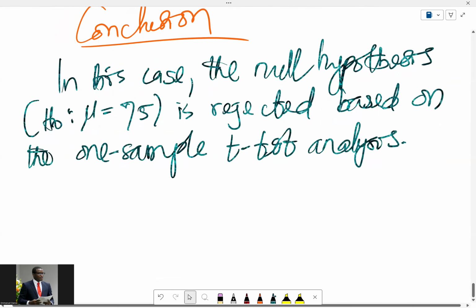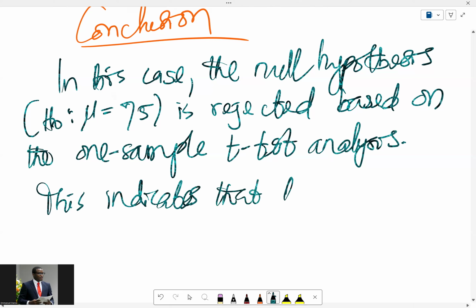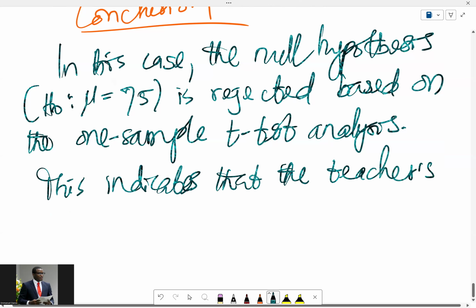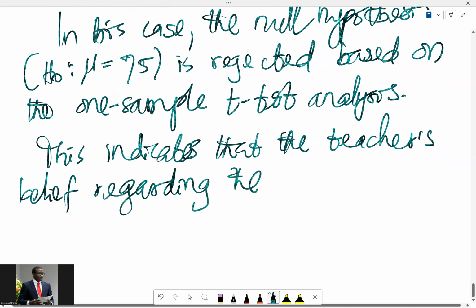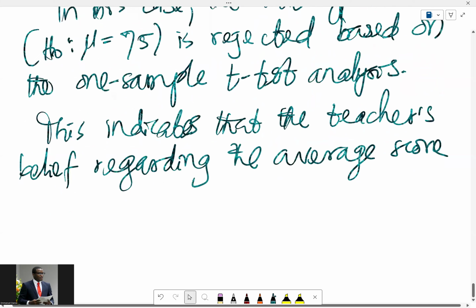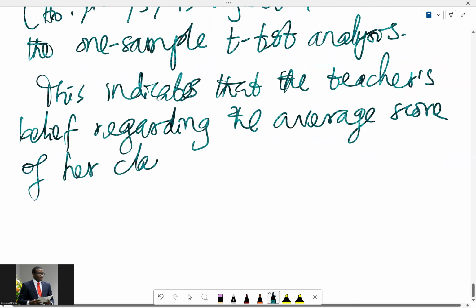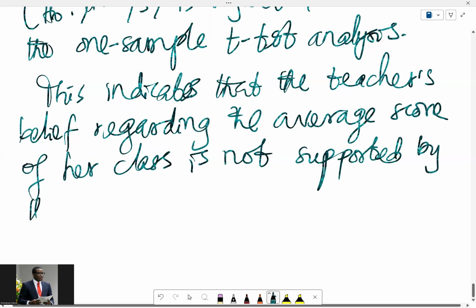Okay, so this indicates that the teacher's belief regarding the average score of a class is not supported by the sample data.